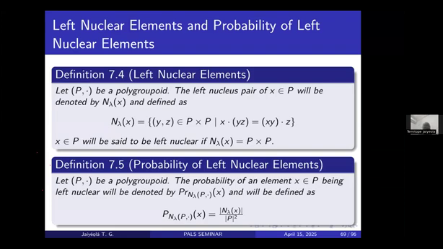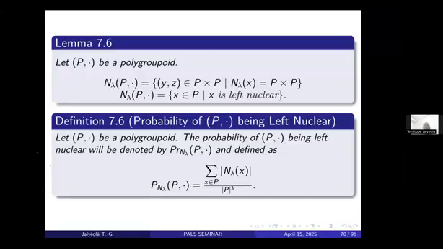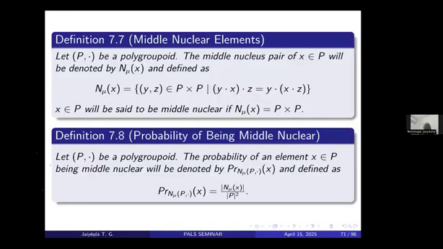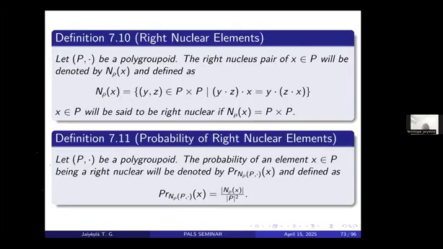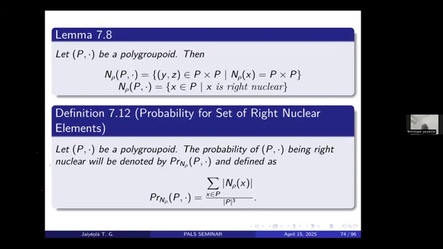We also introduce the probability of an element to be left nuclear in a groupoid, and we're able to show that the probability of a polygroupoid to be left nuclear is as expressed here. We did it also for the middle and the right, because there are three nuclei.